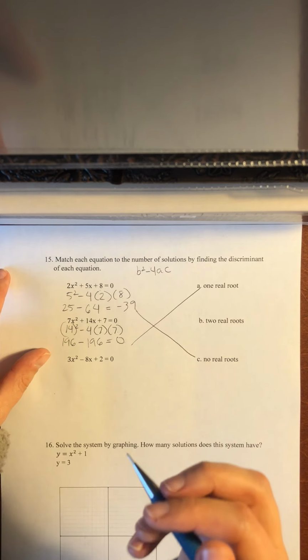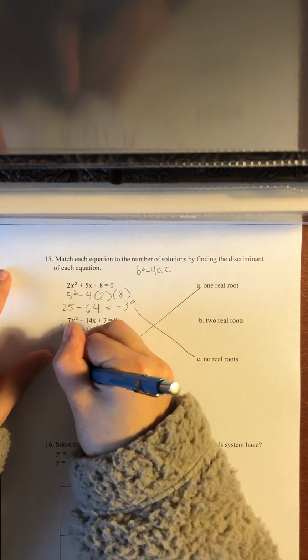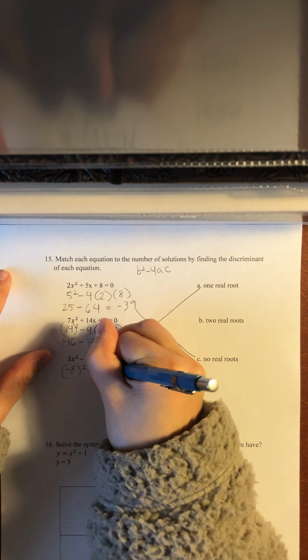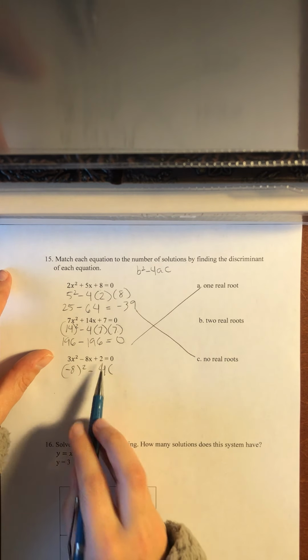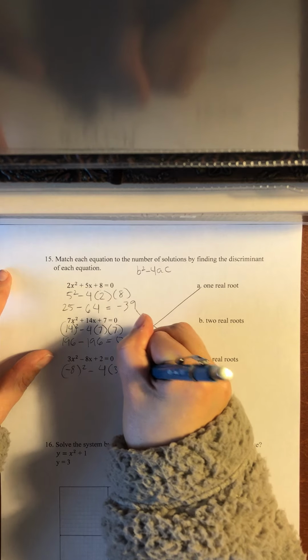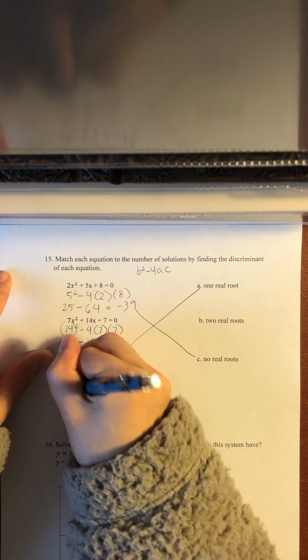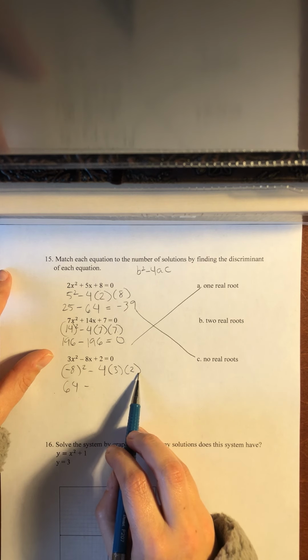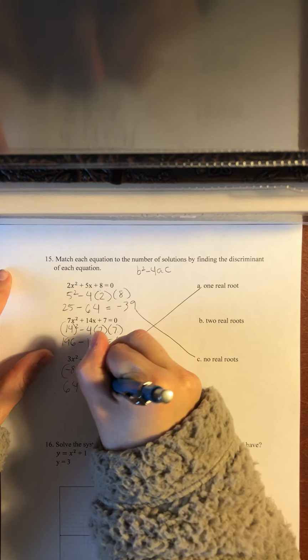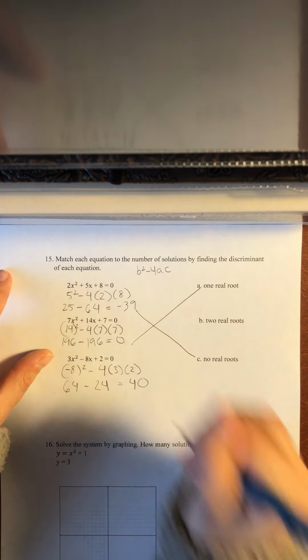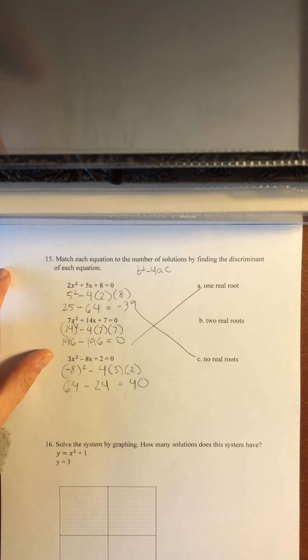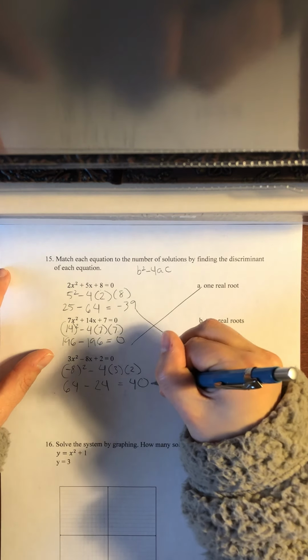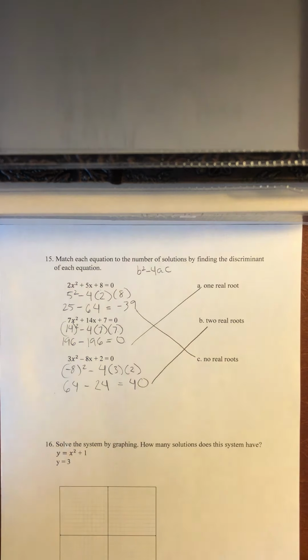And then for this one, b squared, so negative 8 squared minus 4ac. So 64 minus 12 times 2 is 24, which equals 40. So that number is greater than 0, so that means that we have two real roots.